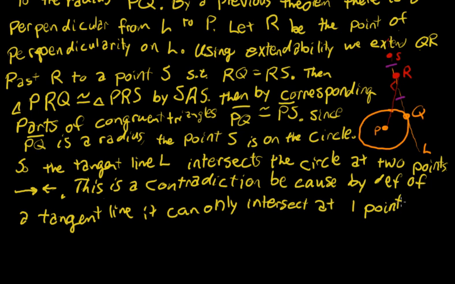I should have written it can only intersect the circle at 1 point, but that's not too important. Then we'll say, therefore, L is perpendicular to PQ.